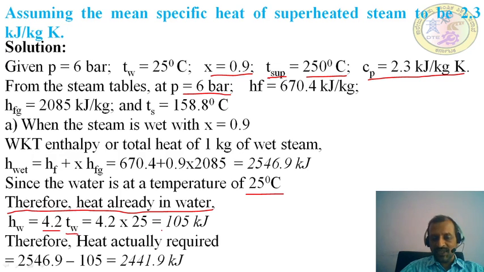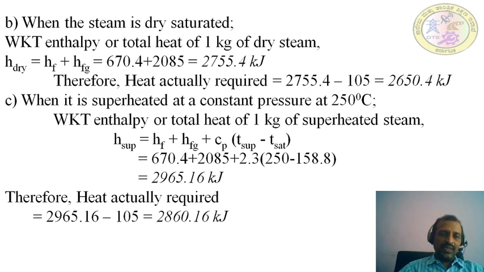So 4.2 into 25 gives you 105 kilojoules. Therefore, heat actually required: this 105 kilojoules you need to subtract from the already calculated value. So that is 2546.9 minus 105, which is equal to 2441.9 kilojoules.